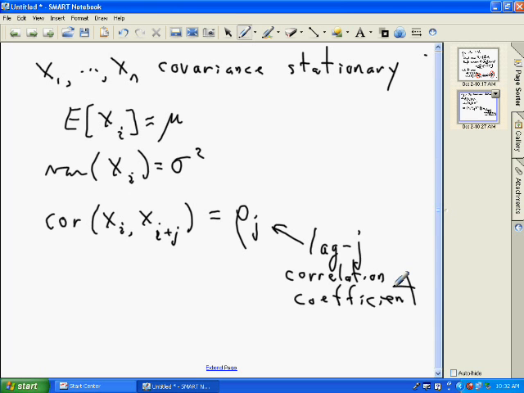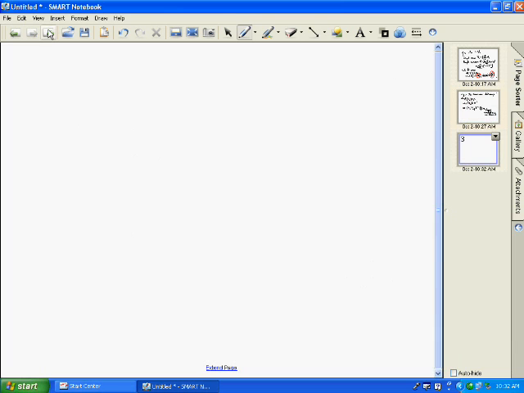We can no longer use typical confidence interval formulas for this data because the confidence interval formulas are based on the concept of independence. Let me give you some additional formulas. We'll have the sample mean and sample variance, defined the same way.